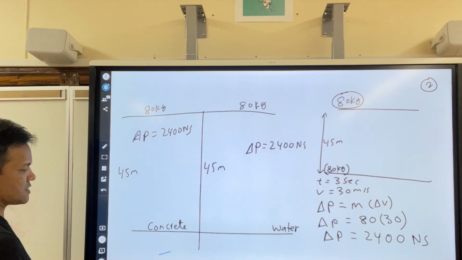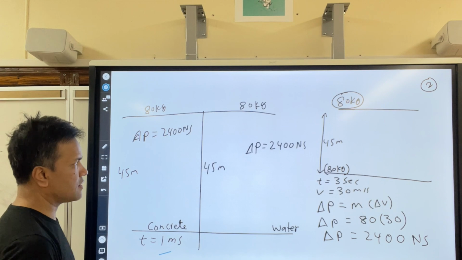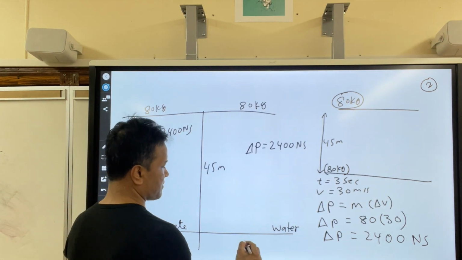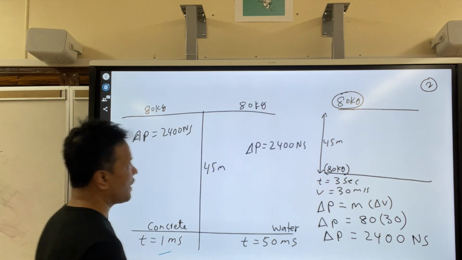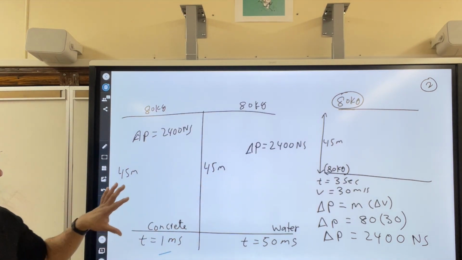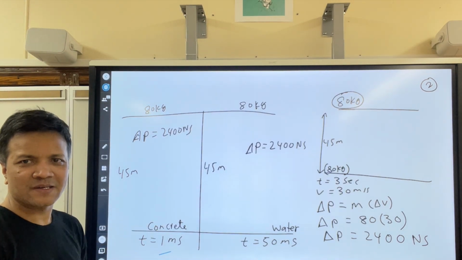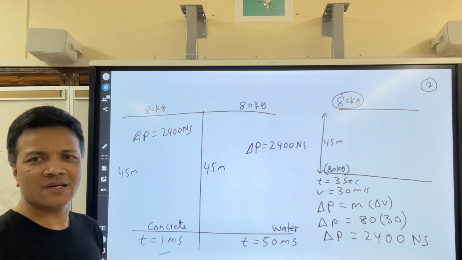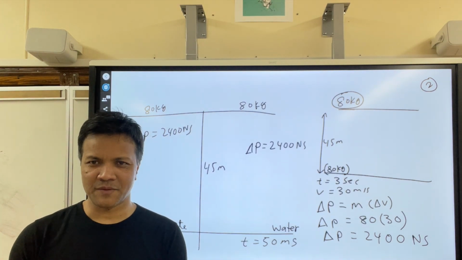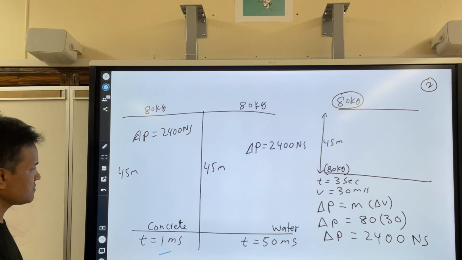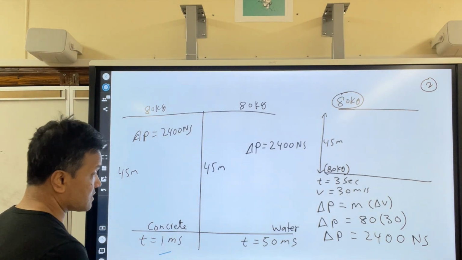Concrete, how long does it take? It takes 1 millisecond. Water impact time is 50 milliseconds. So this one would be 50 times as bad. Okay, let's see whether that's true.